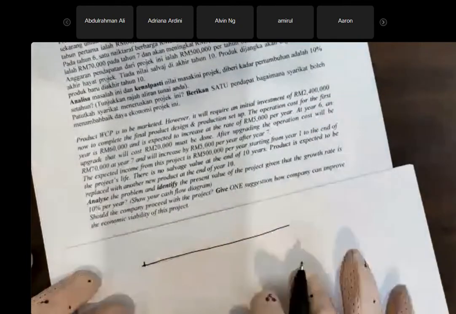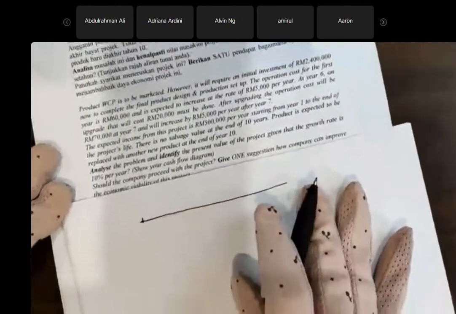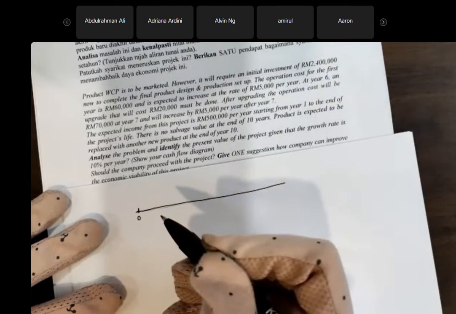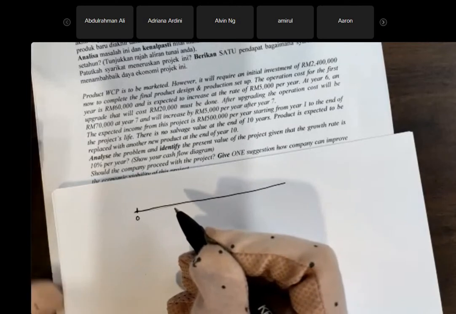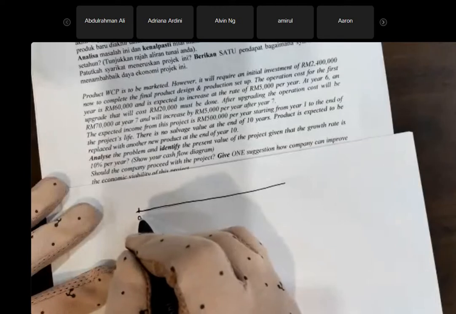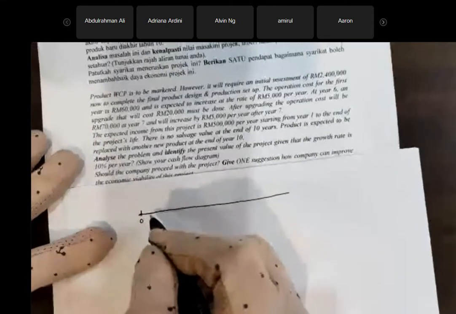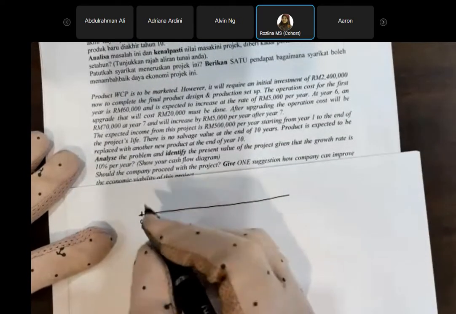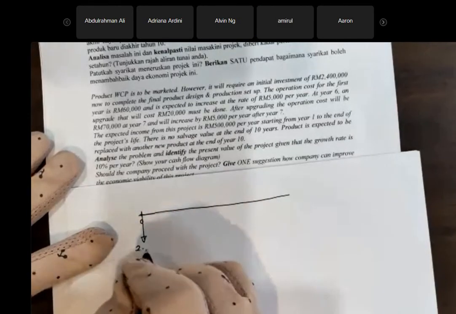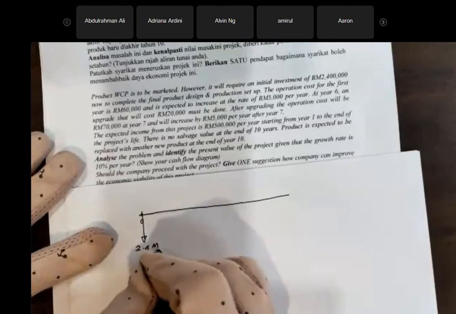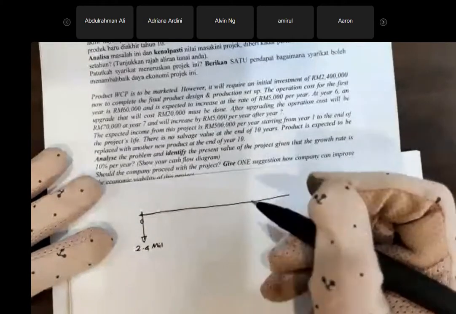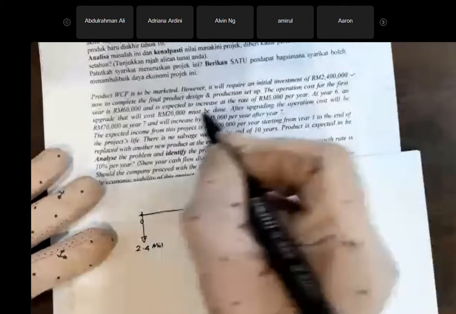It starts from 0, right? Do you agree? It starts from 0? Yes, sir. Okay, good. So the value is 2.4 million. Okay, this one is settled.